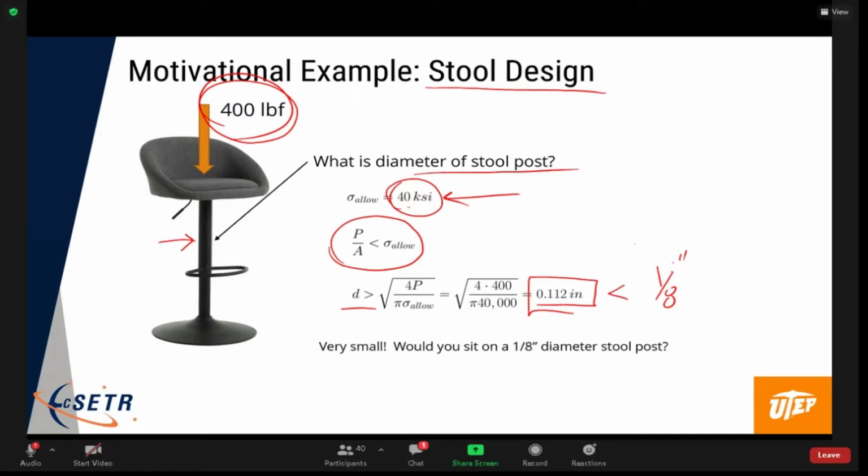I mean, there's no doubt about that. So what do you think would happen? It's not going to fail in compression, right? Maybe in bending, it'll bend. You're close, right? When you say bending, yeah, I guess you're saying if there were some lateral loads on this, like set laterally, right? Maybe if the person is moving around a little, you have a bending issue with that too, right? Yep, that is true.